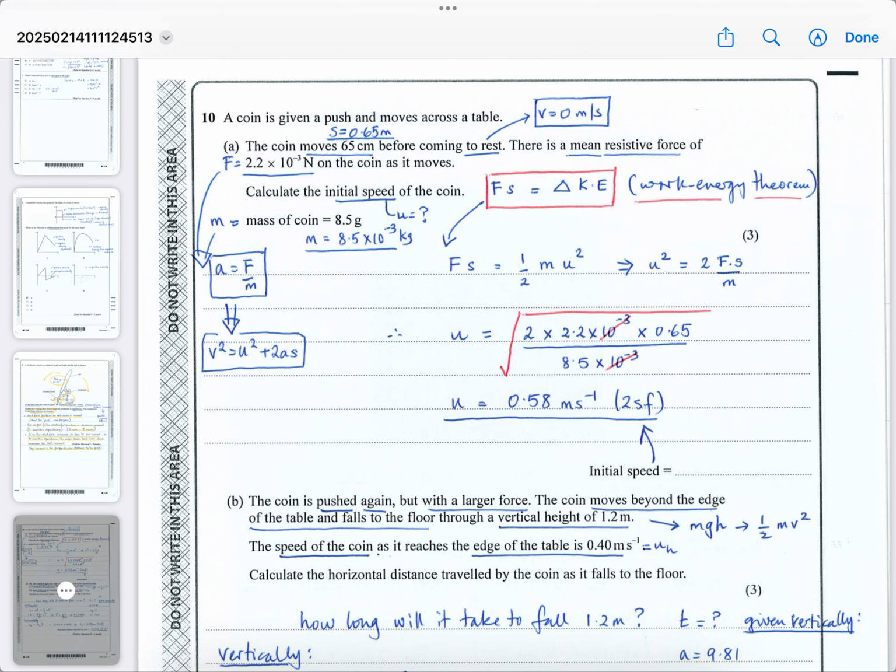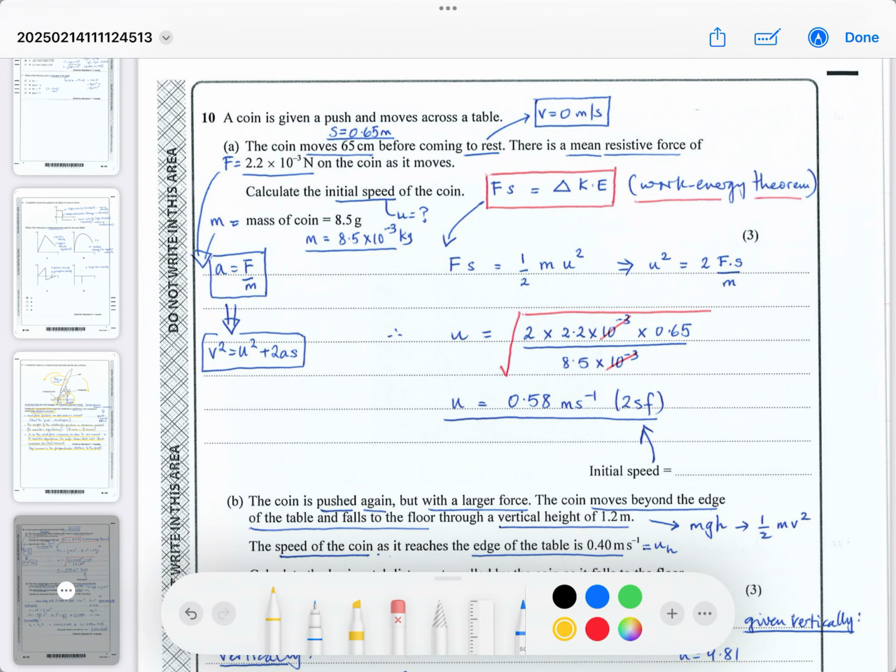Okay, question 10: a coin is given a push and moves across the table. The coin moves 65 centimeters, so make sure you change the units into meters. So s, the displacement, is 0.65 meters.